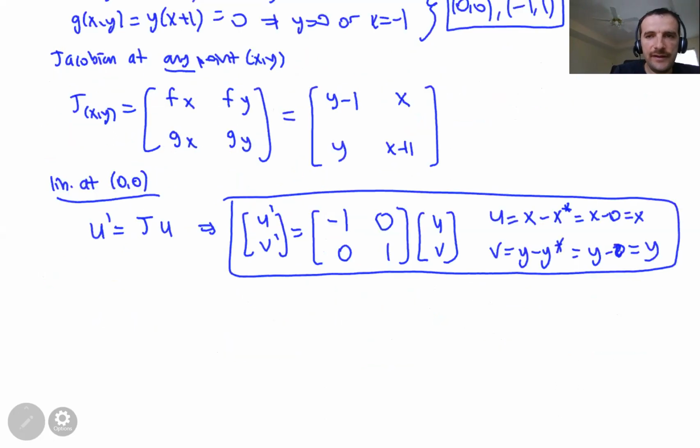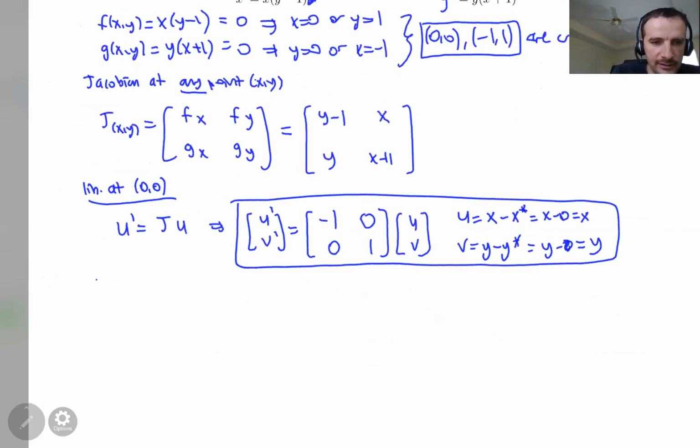Let's find the linearization at (negative 1, 1). So again, u prime is equal to J times u. I say u, but actually normally this vector is made by u and v, right? So I use u in both settings, so don't confuse that.